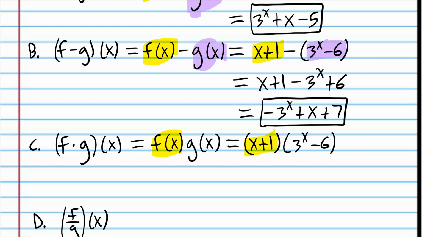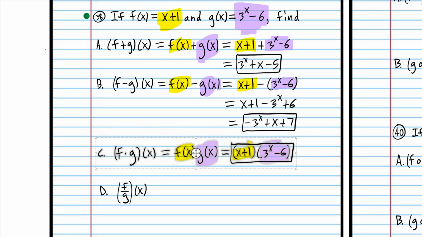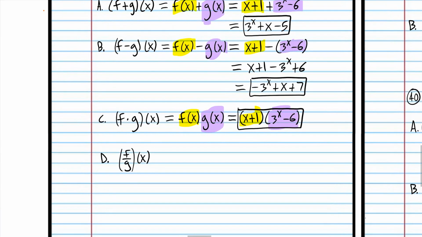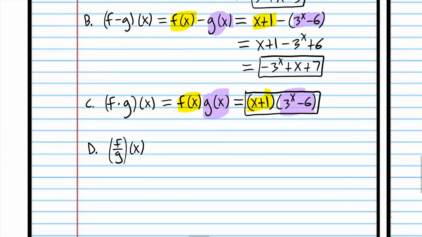So we're just multiplying the yellow and purple expressions, and I'm just going to allow you to leave it in that form. We don't really have to use the FOIL algorithm. That's not the point of these problems. If it's easy to simplify, great, but if it's not easy, then you don't have to waste your time simplifying for these particular problems.